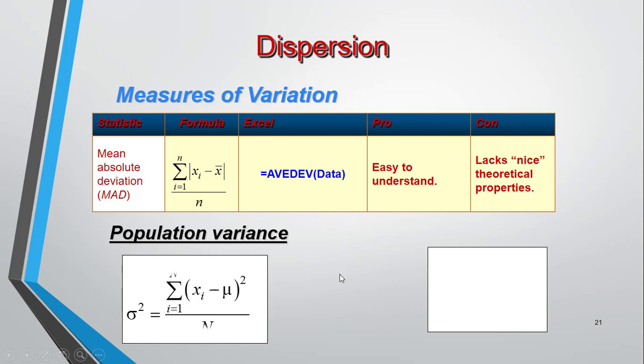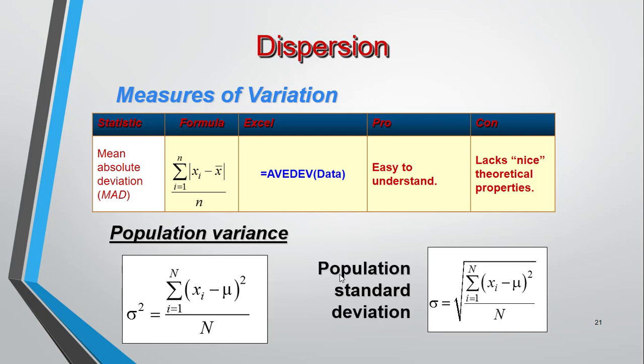Okay. Then for populations, the ones we just talked about were sample variance and standard deviation. For the population variance, we use sigma squared, right? And the difference between population variance and sample variance is that we use n, not n minus 1.